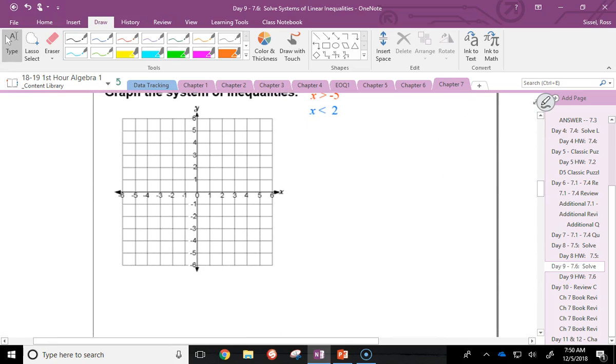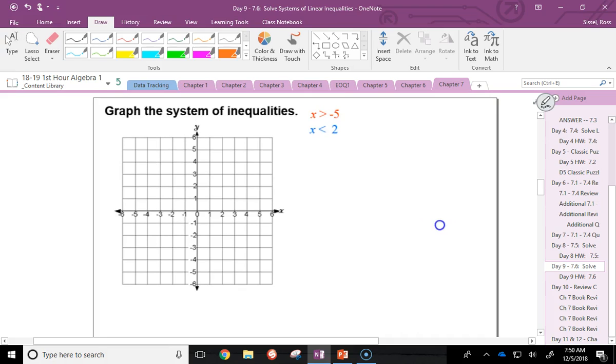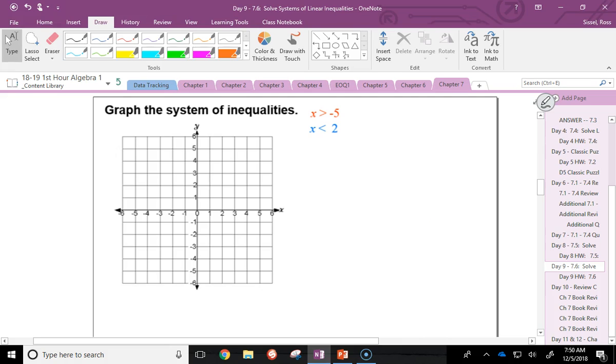So, we'll do an easy one to start off with. x is greater than negative 5. Okay, what kind of line are we going to have? Maddie? Dotted. Okay, it's going to be a dotted line. What else? Something else special about the line. It's going to be a vertical line. This is just like if we would have said x equals negative 5.